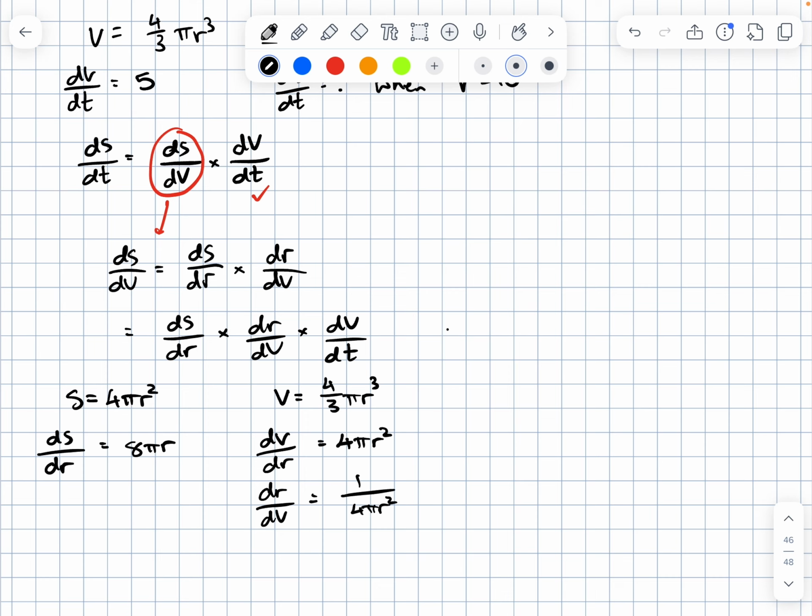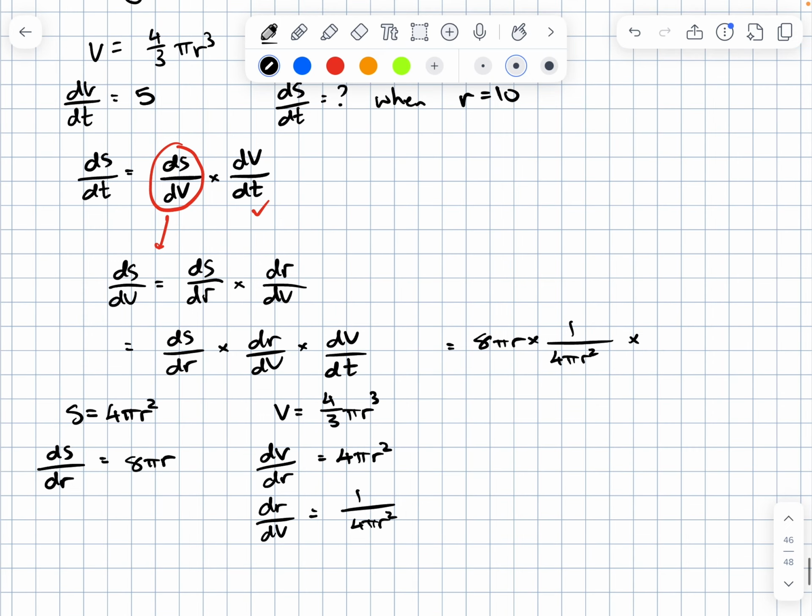Meaning we have an equation now: this is 8 pi r times 1 over 4 pi r squared times dv/dt, which is 5. Simplifying, the 8 and the 4 will cancel to a 1 and a 2. The pi's will simplify.